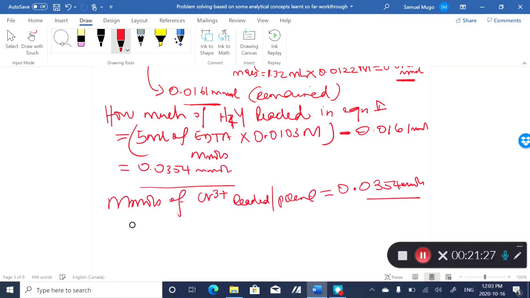So you already know how much chromium actually reacted. And so the question then is to calculate the chromium in the sample.